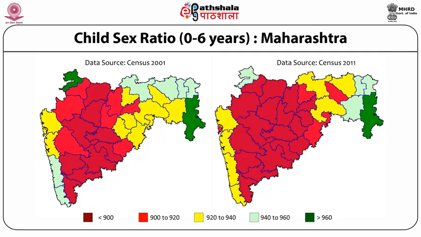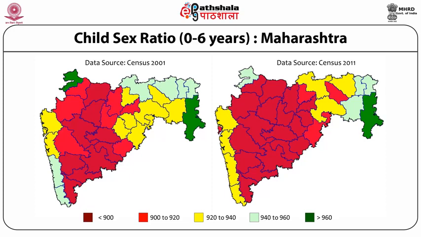And this is the paradox: sex determination becomes popular not only in the most developed areas, but also in the underdeveloped areas. In 2011, in most of Maharashtra there is a considerable decline, even in most parts of eastern Maharashtra, which were much better off.